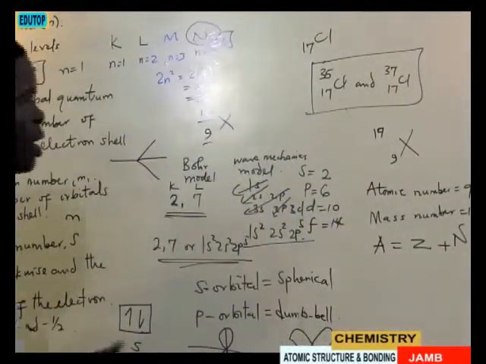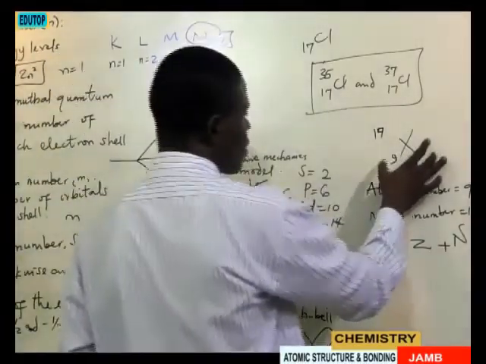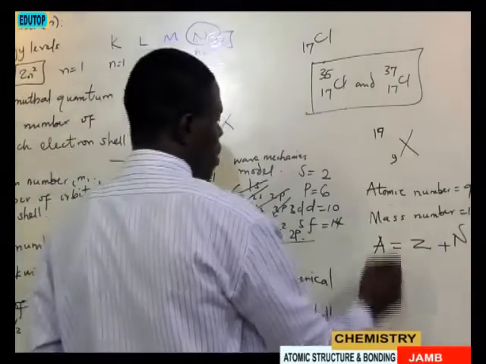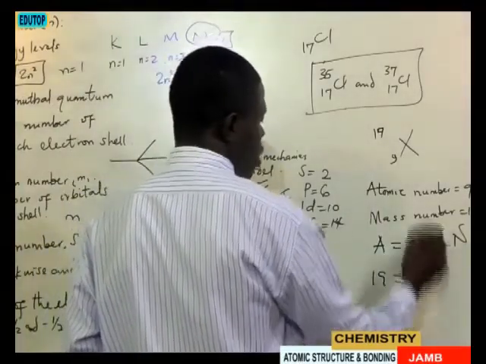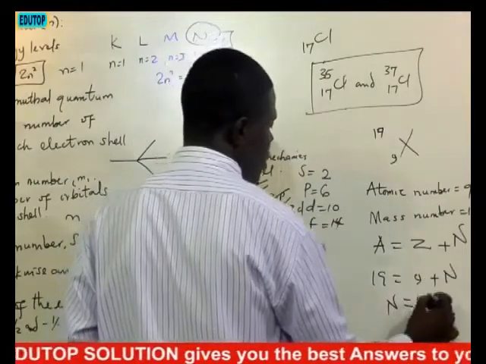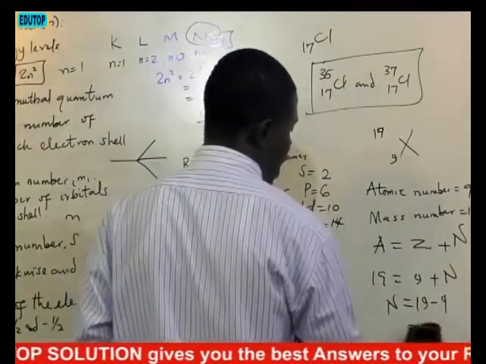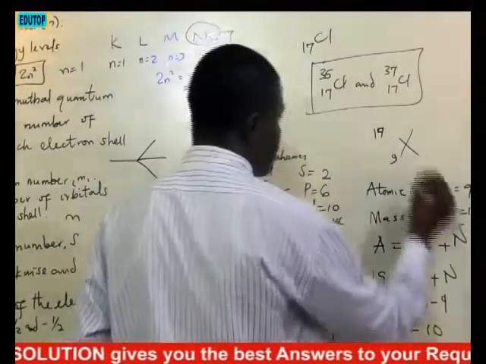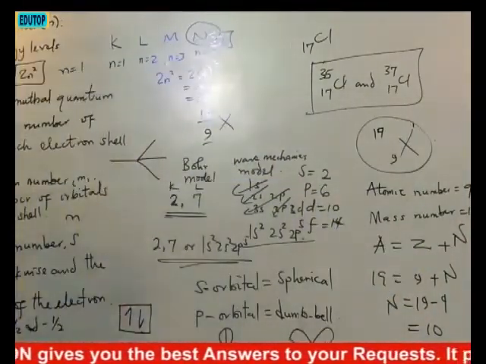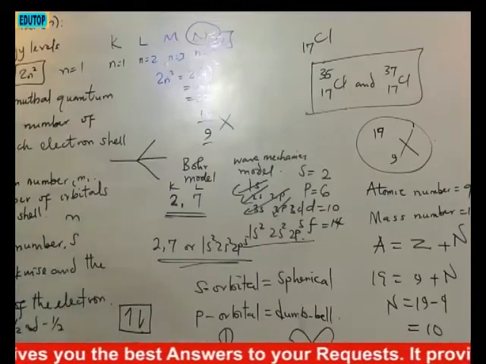So if I'm to determine the number of neutrons as far as this species or atom is concerned, since the mass number is 19 and the atomic number is 9 plus n, I can calculate my n. My n will definitely be 19 minus 9, and that will be what? 10. So that means for this particular atom, there are 10 neutrons.